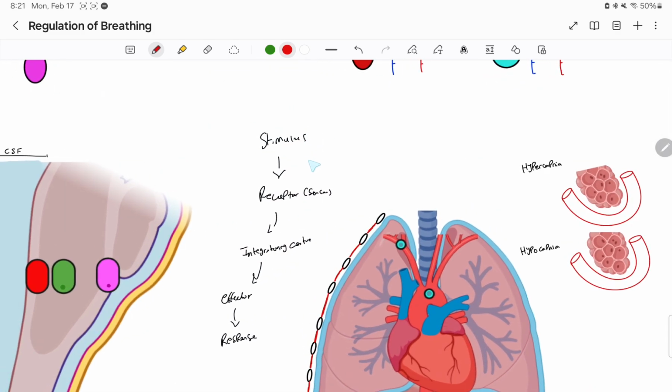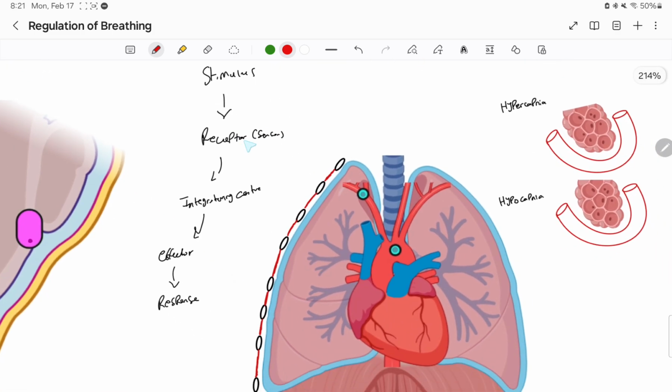That stimulus will trigger the activation of a sensor or a receptor. That receptor will then carry that stimulus signal towards an integrating center, meaning that this place is going to sift through the information, integrate the signal, and then it'll pass it on towards some sort of an effector, okay? Then that effector will carry out the response that we need.